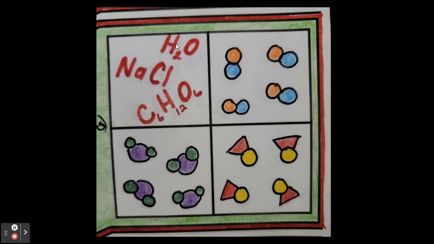Our examples show H2O. It would be like 2 hydrogen and 1 oxygen. Then you've got Na for sodium, Cl for chloride. That's the chemical formula for table salt. C6H12O6 is the chemical formula that represents sugar or glucose.